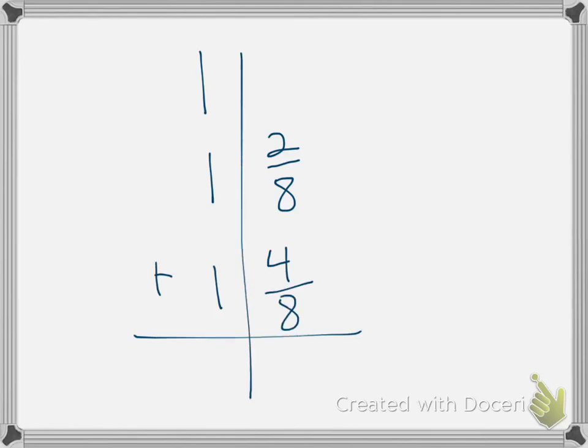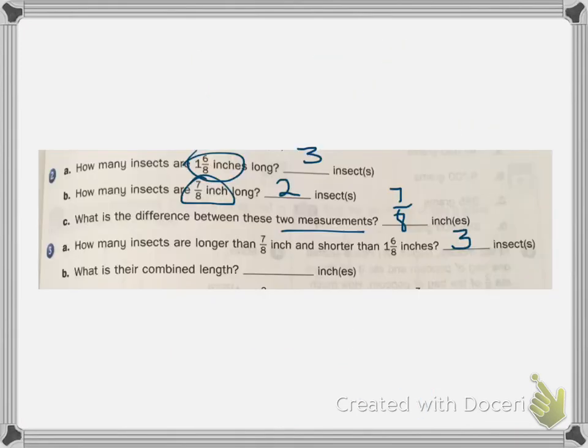So I had 1, 1 and 2/8, and 1 and 4/8. Hopefully when you were adding these, you added the 2/8 and the 4/8 and got 6/8. And then you added the 3 ones and got 3. So your answer here should have been 3 and 6/8.